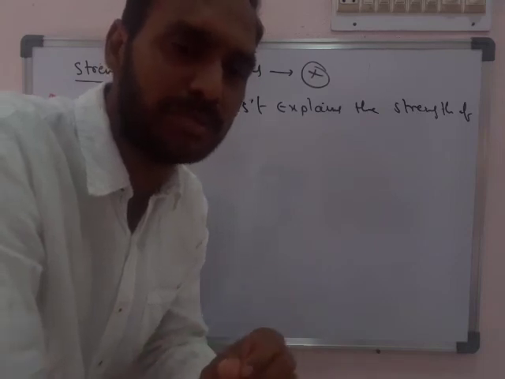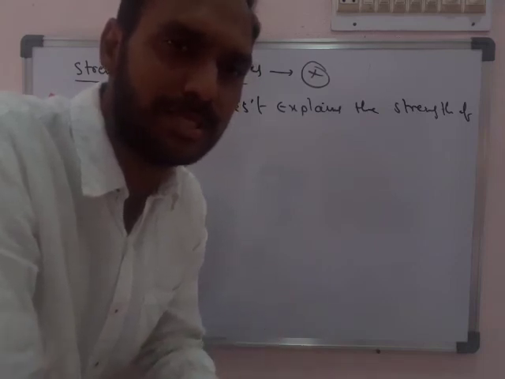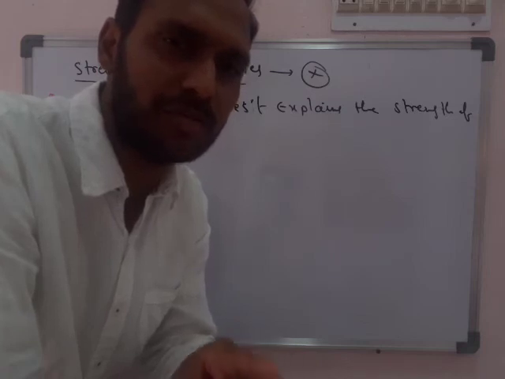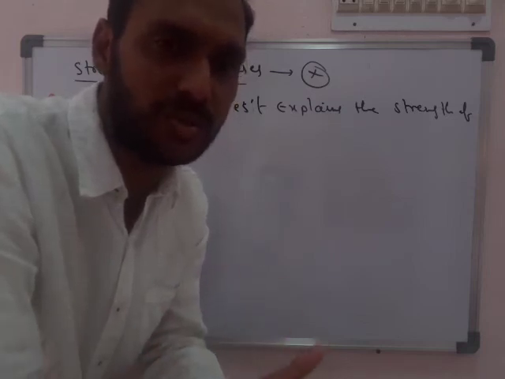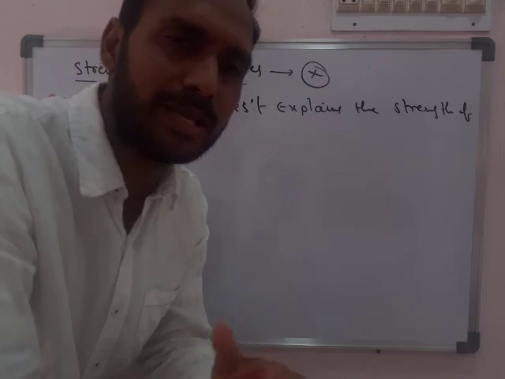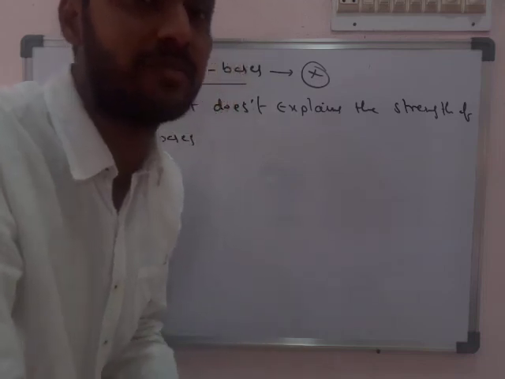But if you follow the Lewis acid-base theory, an acid-base reaction involves the formation of a dative bond, which is a slow reaction, but experimentally it is observed that acid-base reactions are very fast.